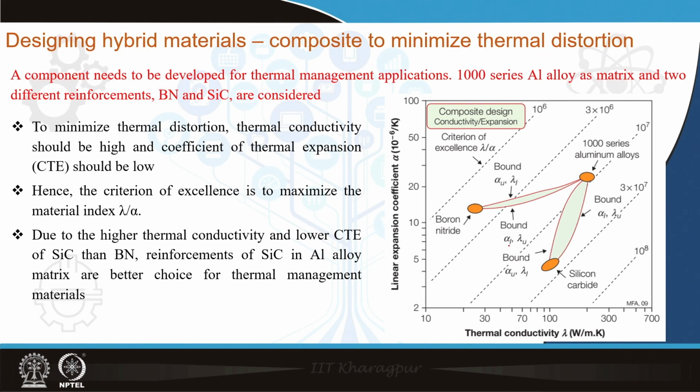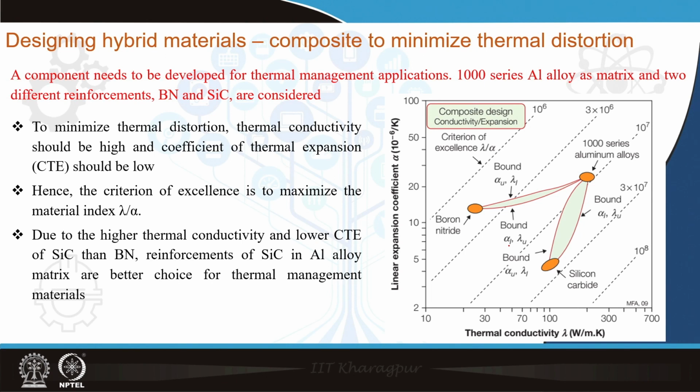And we can automatically see that silicon carbide is already a much better reinforcement material than boron nitride for reducing thermal distortion. Why? Because silicon carbide has a higher thermal conductivity and lower expansion coefficient, whereas boron nitride has lower conductivity and higher expansion coefficient.